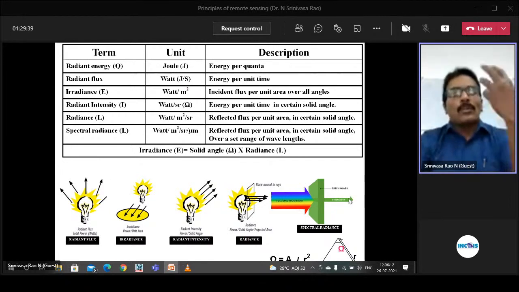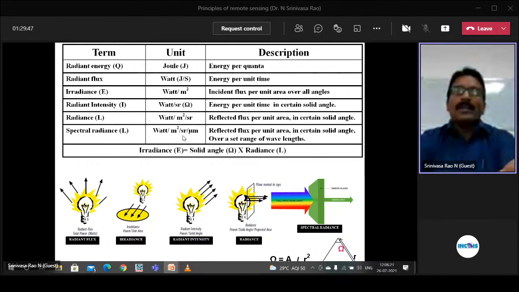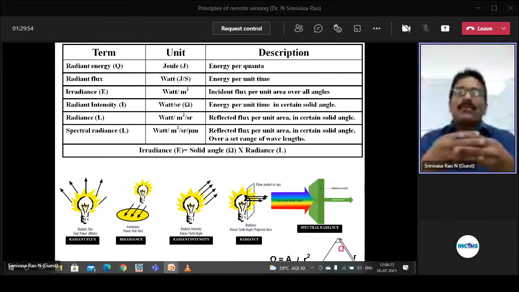If one particular kind of wavelength is being captured, that we call spectral radiance. The unit is watt per meter square per steradian per micrometer. In definition form: within 1 second of time, within a particular 1 square meter area, in one particular direction, at a particular wavelength, how much energy are we capturing.